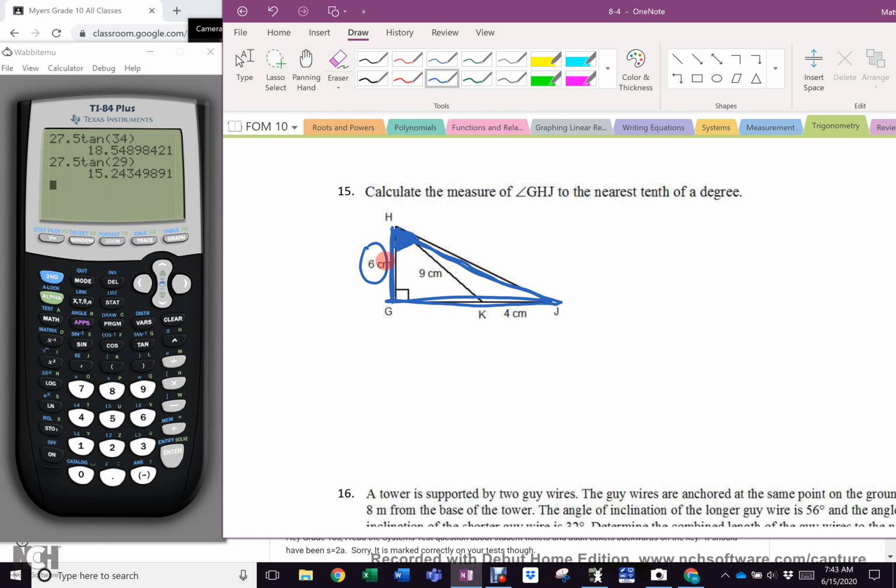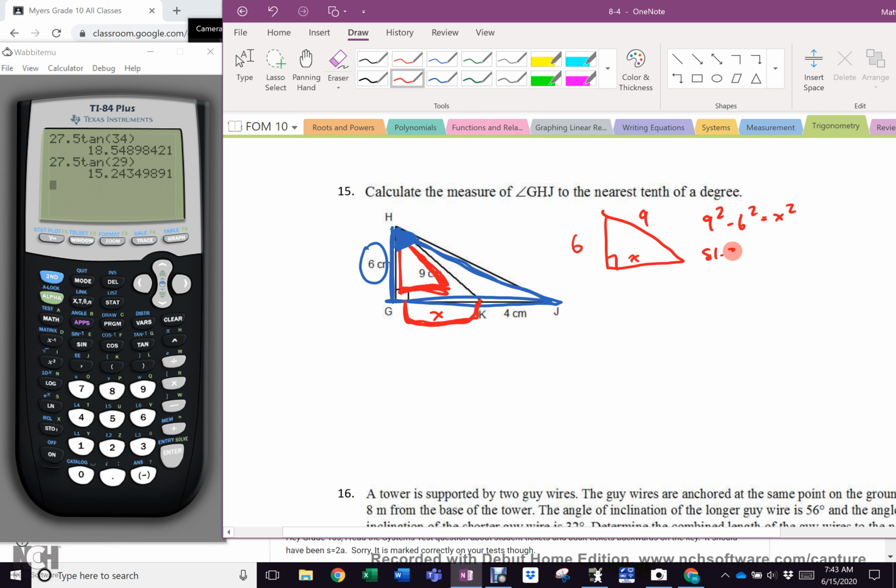But I do know two sides of this red triangle, which means I can find this distance right here. We'll call it x. It is part of this triangle: 6, 9, x with a 90 degree angle right there. What do I use to find the third side of a triangle? Pythagoras. 9 squared minus 6 squared equals x squared.